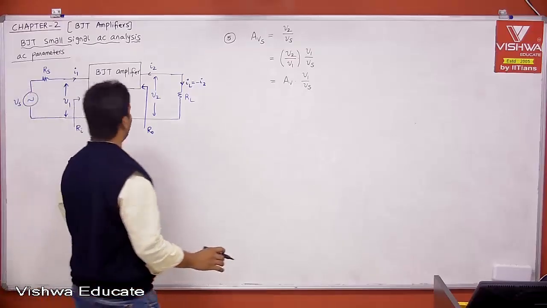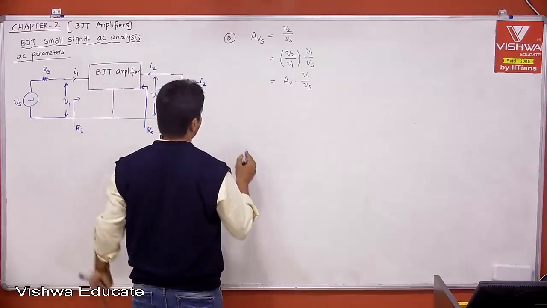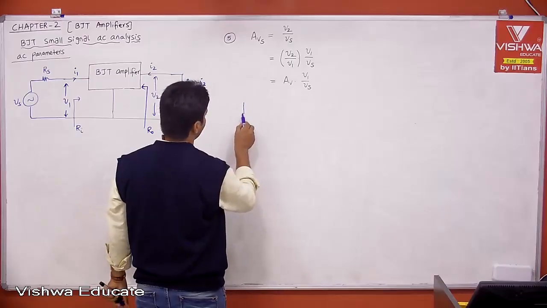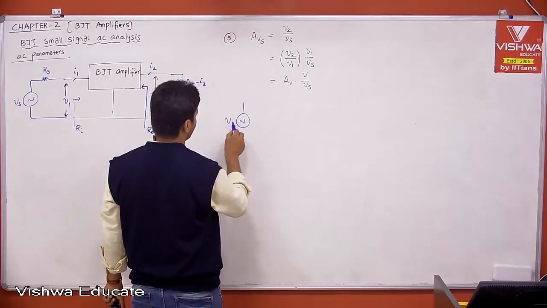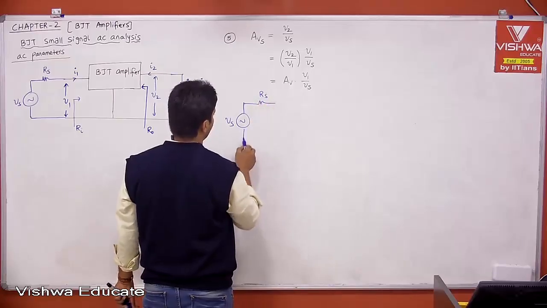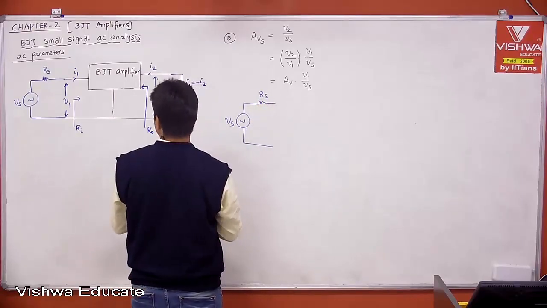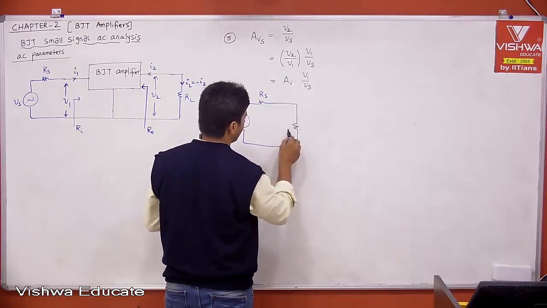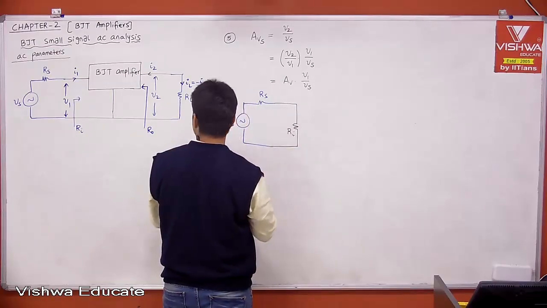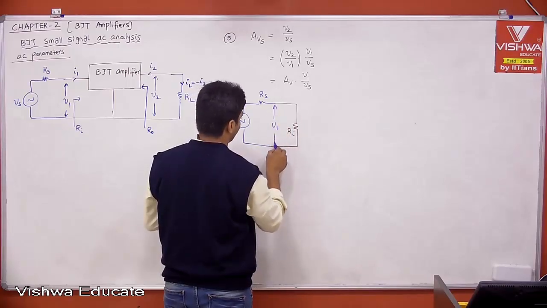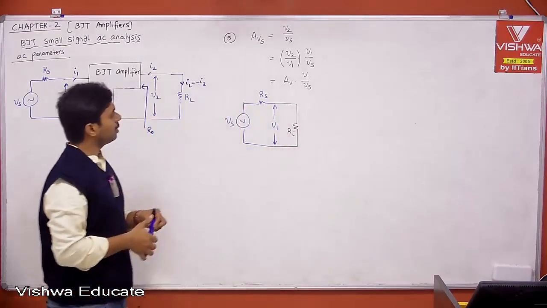Now, let me model only the input part. Can I model your input part like this, where the practical voltage source, this is your Vs and Rs, this is your practical voltage source. Now your amplifier is having input impedance, that is your Ri. Let me replace the input part, and we know that this is nothing but your V1. Can't you get the V1 to Vs relationship?